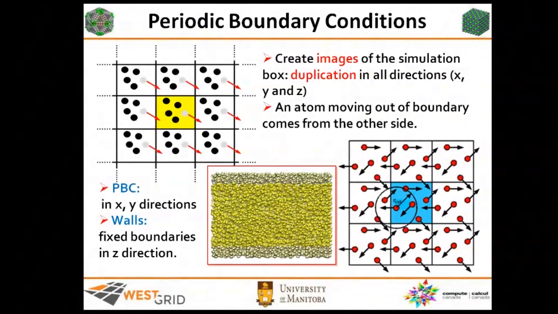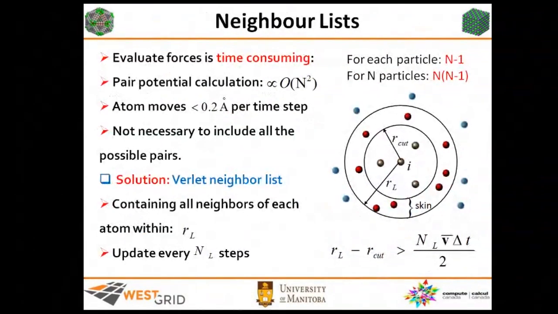For example, if you have a system of 1 million particles, maybe the neighbor list for each atom will be 100 or something like that, or less, depending on the cutoff of the potential. So the neighbor list is very important in MD simulation because it reduces the simulation time considerably.